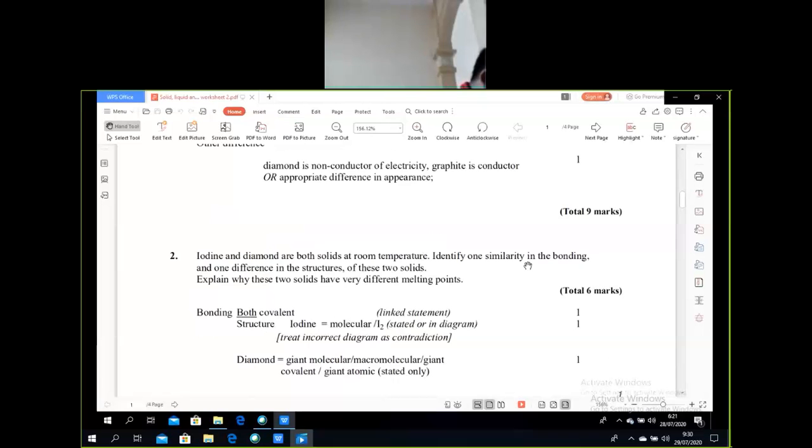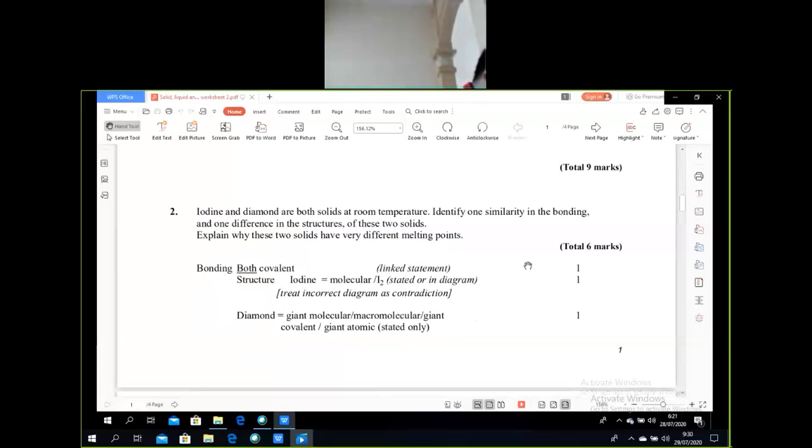Okay, then now let's continue to number 2. Iodine and diamond are both solids at room temperature. Okay, this is a fact. But iodine is a volatile solid, which at higher temperature can evaporate directly.